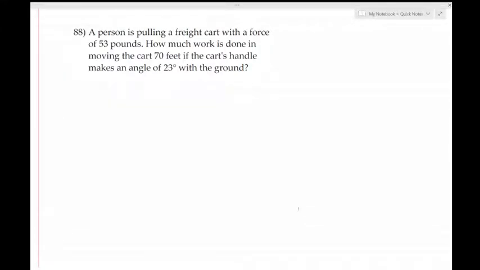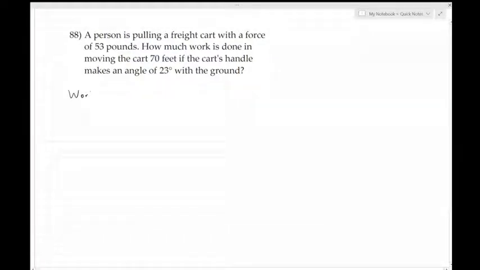88. A person is pulling a freight cart with a force of 53 pounds. How much work is done in moving the cart 70 feet if the cart's handle makes an angle of 23 degrees with the ground? For this problem, we are looking for work. Work is defined as the magnitude of the force times the magnitude of the distance times cosine of the angle that it makes with the horizontal, or with the ground.